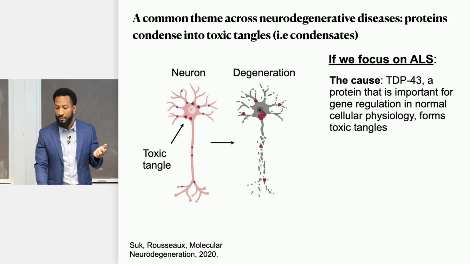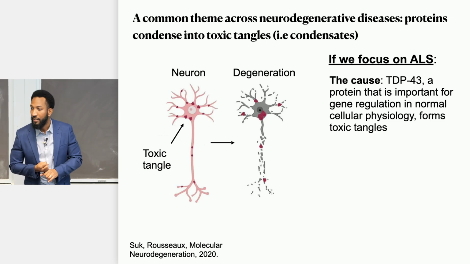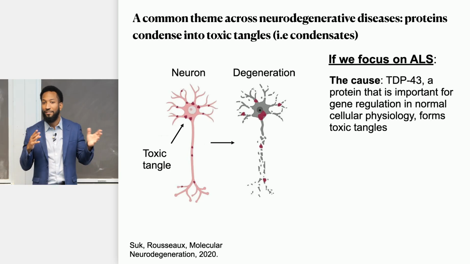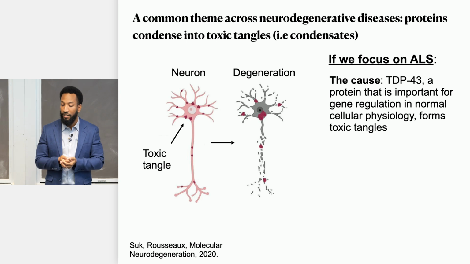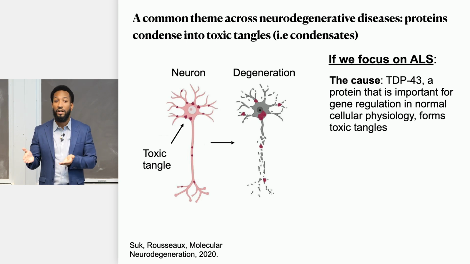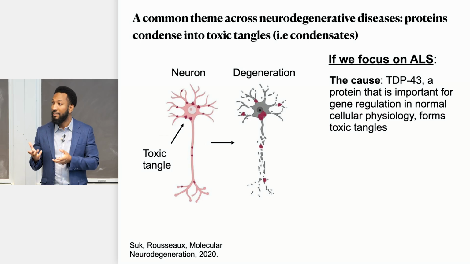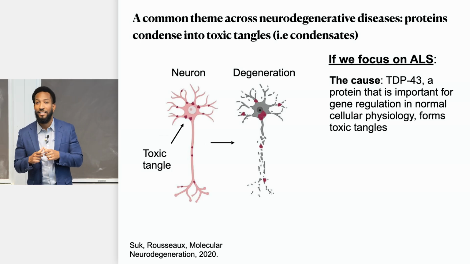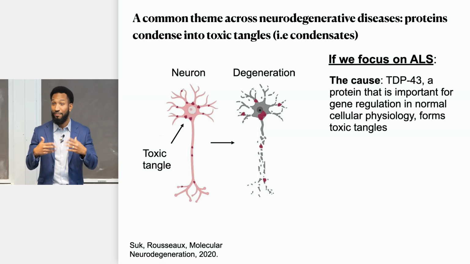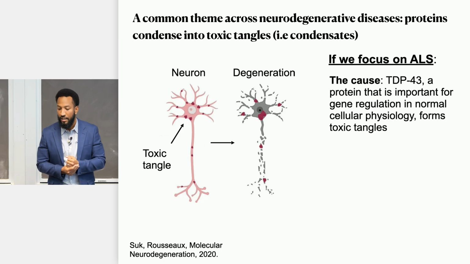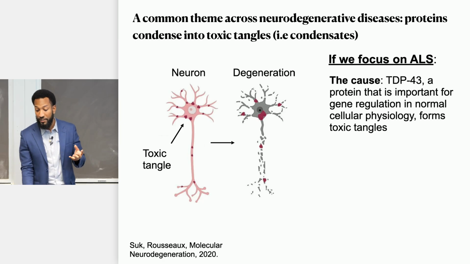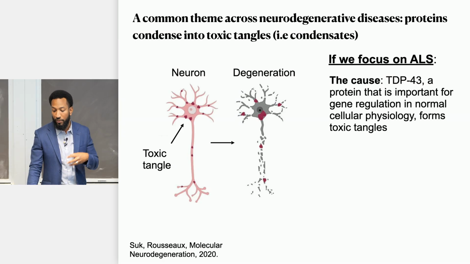In ALS, it's thought that there's one protein, it's called TDP43, you don't have to know the name, but the idea is that this is one where it's been pretty well linked to this disease, meaning that if it forms these droplets, it's bad, and it seems to be directly linked to this disease. But when it's well functioning, TDP43 is important for gene regulation in normal cellular physiology.